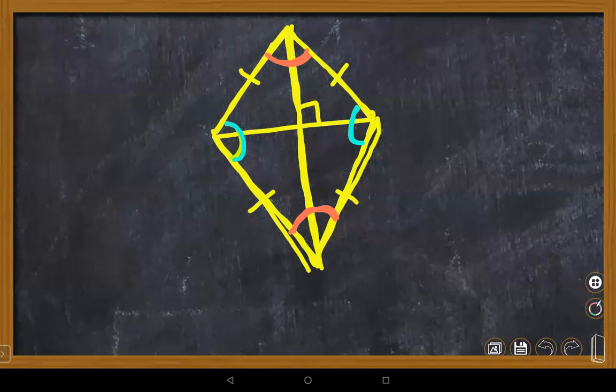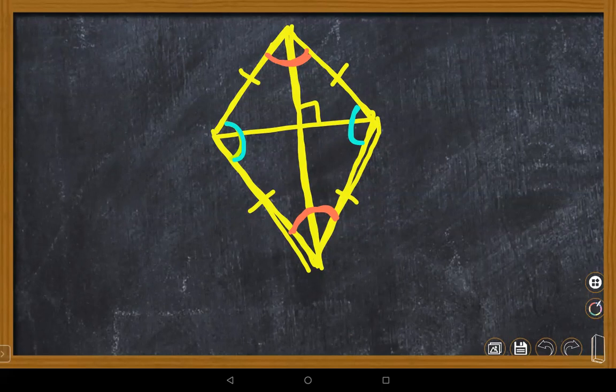Now will any one of you please tell about what is a rhombus. Ma'am, it's like a square-like figure, but it's different from a square because in a square all sides are equal and the diagonals are also equal. Okay. In a rhombus, all sides are equal, but diagonals are not equal.